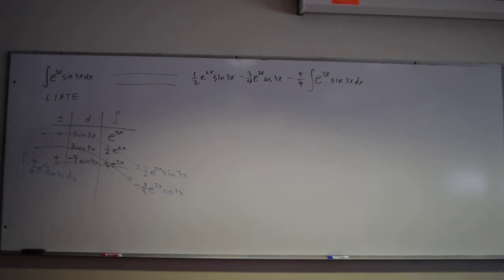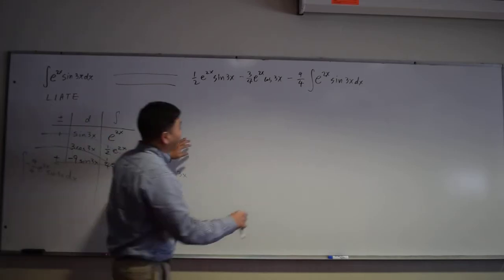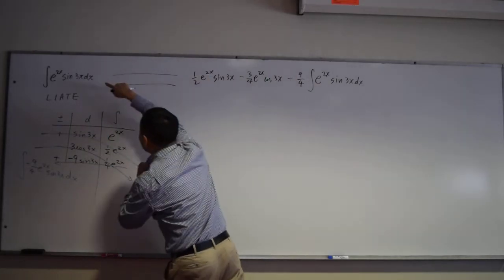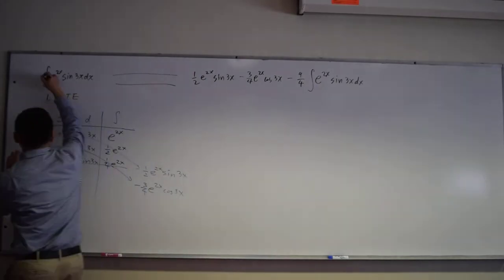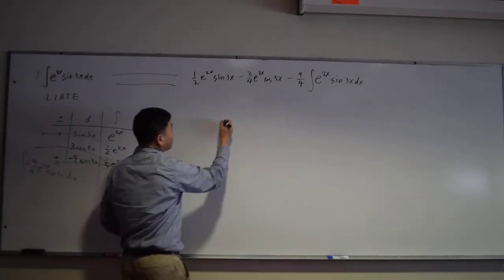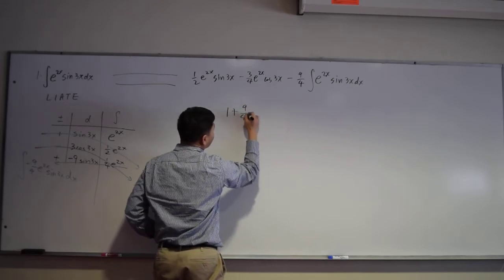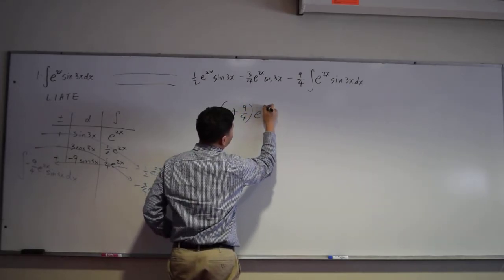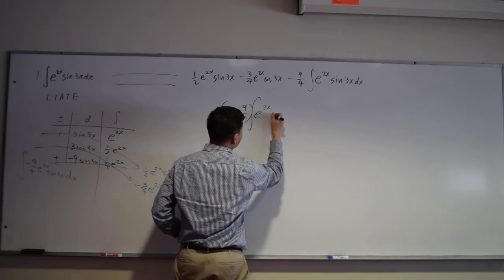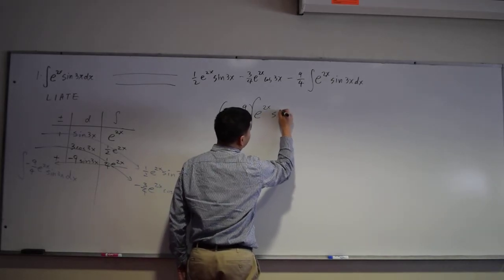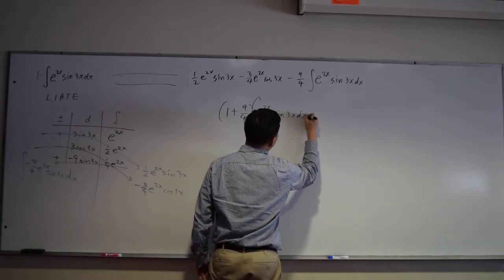Okay? And then to finish this off, again, you still have to add this to the other side. So you get, since this is 1, you have to do 1 plus 9/4 e to the 2x, integral of e to the 2x sine 3x dx.